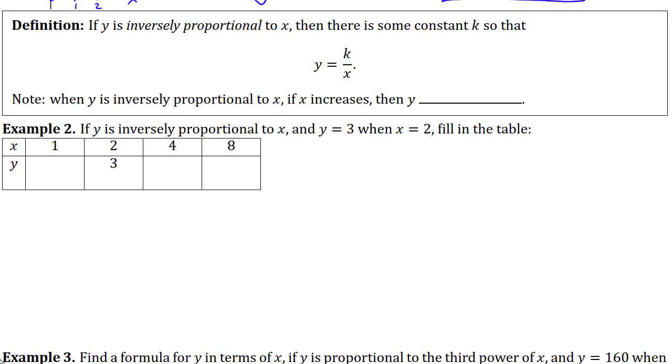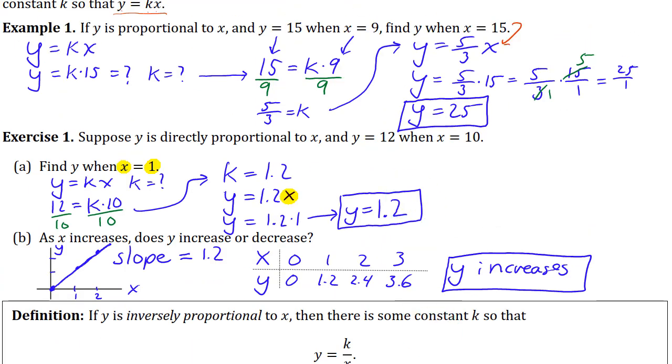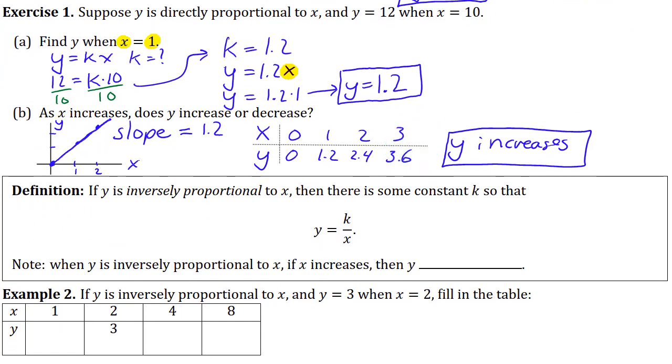So, first thing I want to do is it's the same idea as with directly proportional. It's just with directly proportional, it's y equals k times x. So now instead the x is in the denominator of a fraction. And you might notice if that x is in the denominator of a fraction, you could write that as y equals k divided by x to the 1.